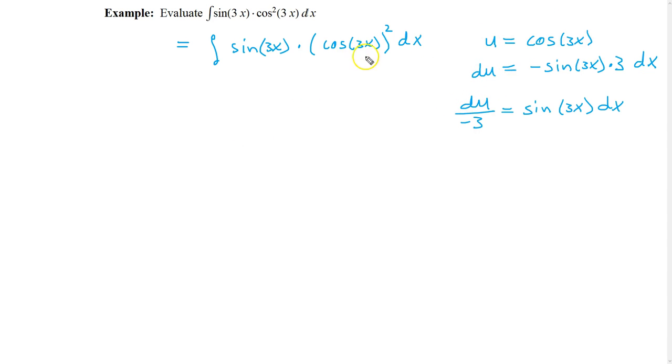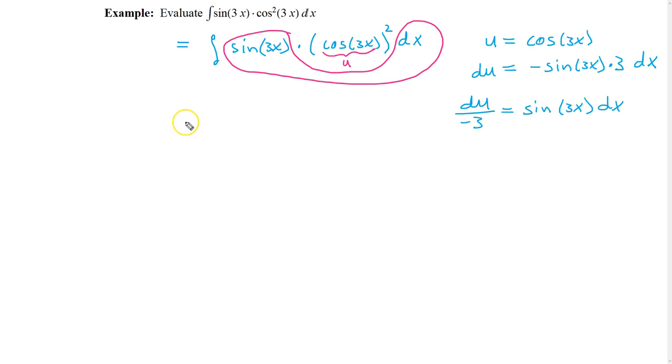So with this substitution, if we let this be our u, then du divided by negative 3 will become the sine of 3x dx.